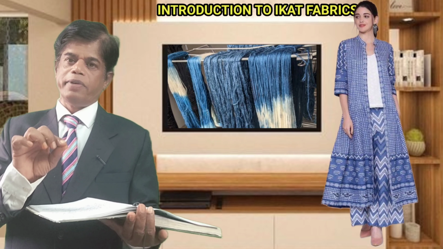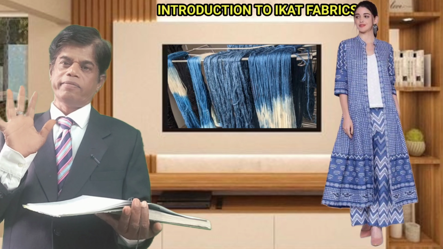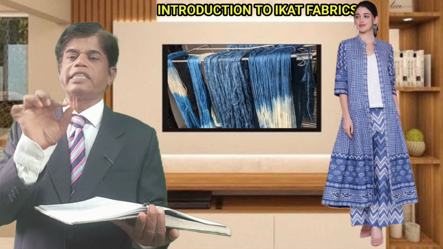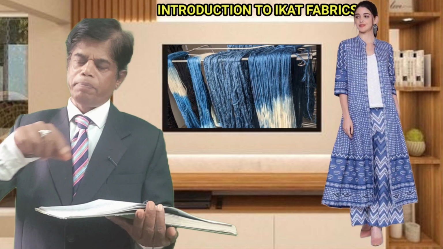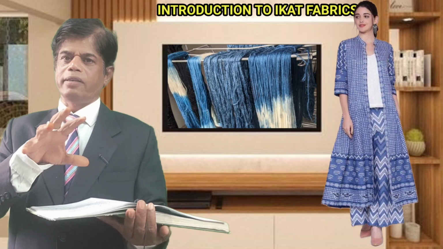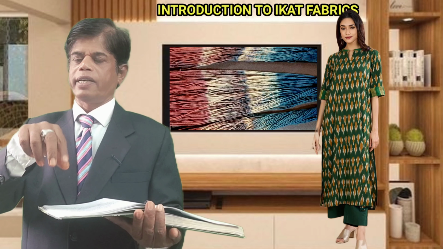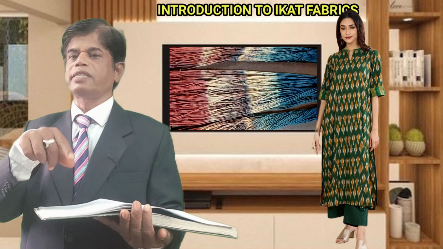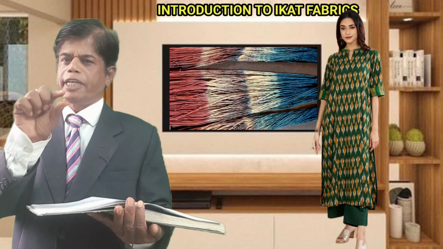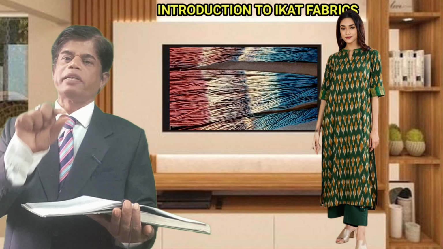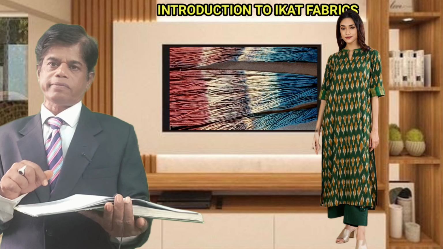This is a resisting technique. The part which is tied, which is completely bundled, avoids penetration of the color into that part. The color will not enter there. A specific part or specific length of the yarn is dyed.